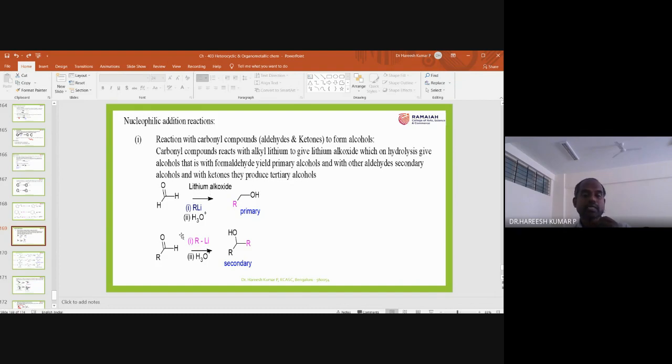When this lithium alkoxide is hydrolyzed, in the case of formaldehyde it gives a primary alcohol. In the case of other aldehydes, it gives a secondary alcohol. In the case of ketones, it will give a tertiary alcohol.